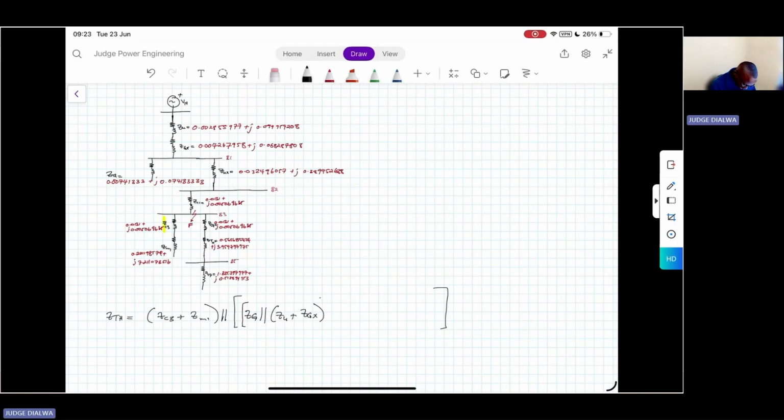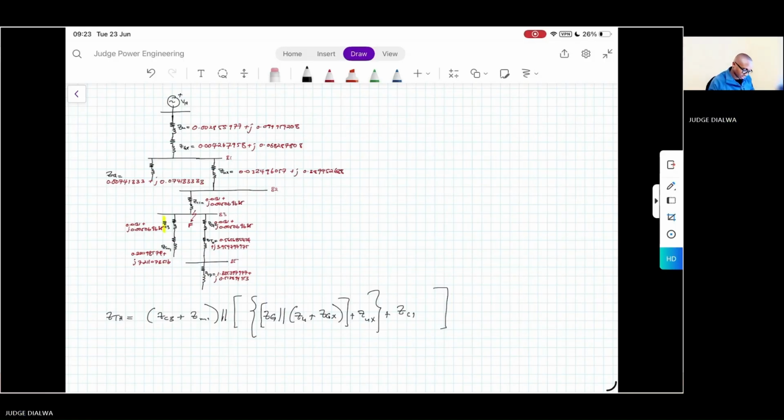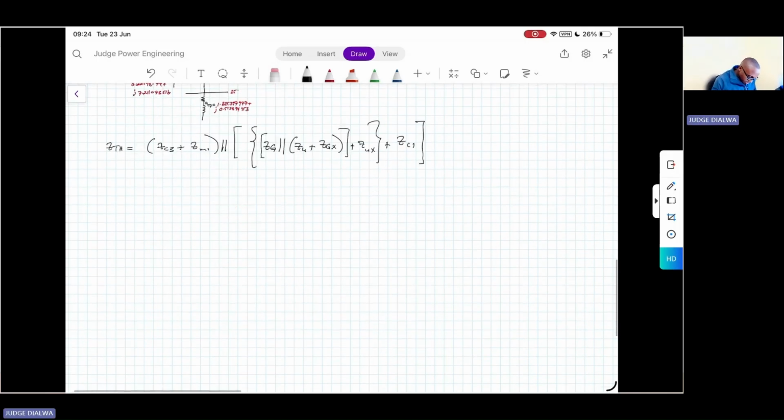All these are in series with our unit transformer, and then these would be in series with the impedance of cable 1. So this will be the equation that will compute the total impedance between the voltage source and the faulted point. So what are these values?